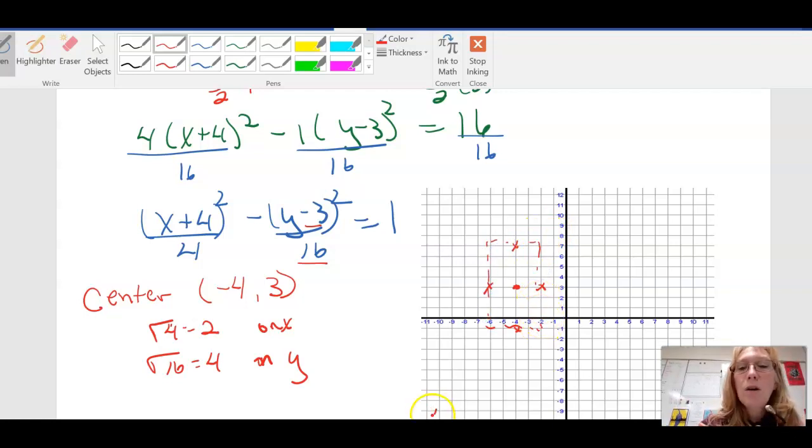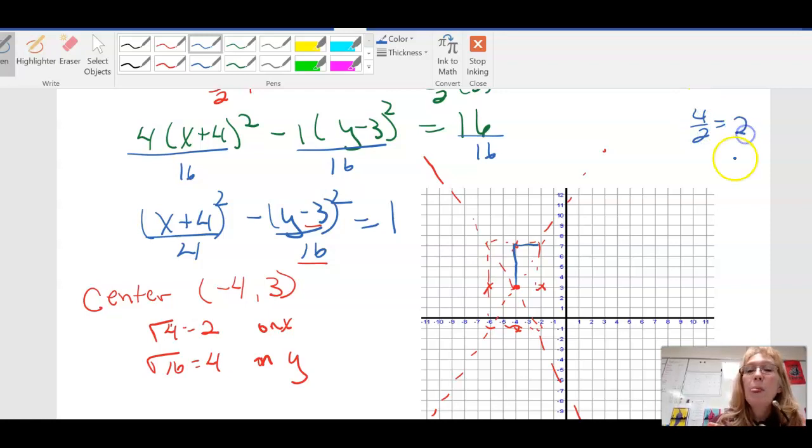Okay, now we're going to draw in our asymptotes. Now remember, we have to do the equation of that line. When we look at this, we went up 4 over 2, so our slope is 4 over 2, which equals 2. Our point is negative 4, 3, so we just write that out.